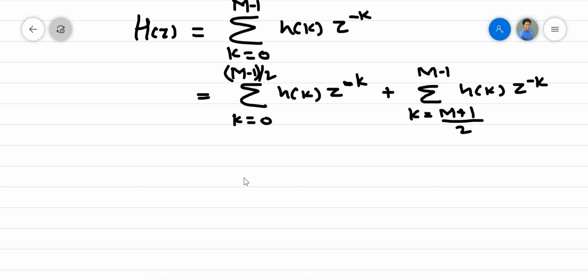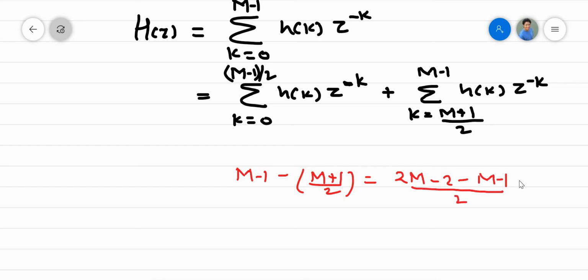That is M minus 1 minus (M plus 1) by 2, which equals (2M minus 2 minus M minus 1) by 2, which is (M minus 3) by 2.